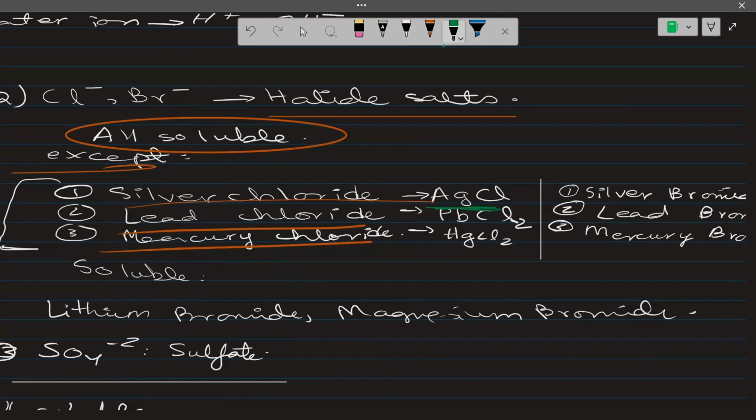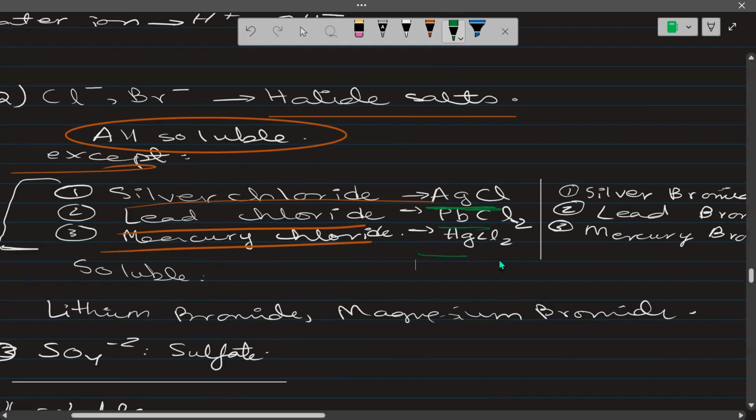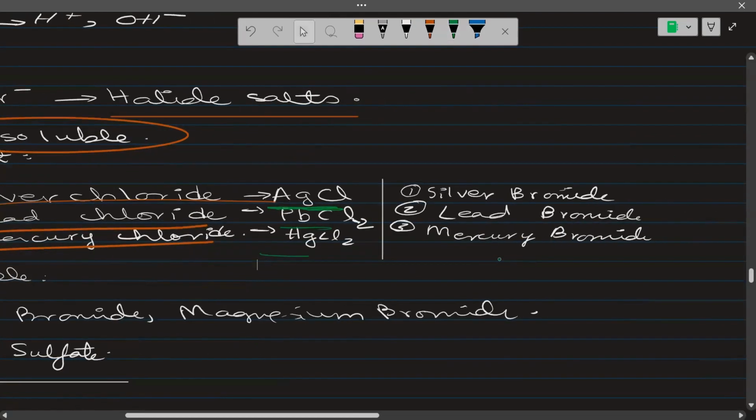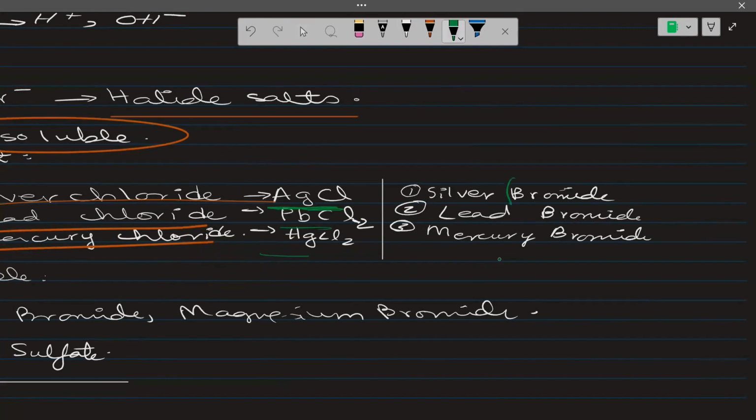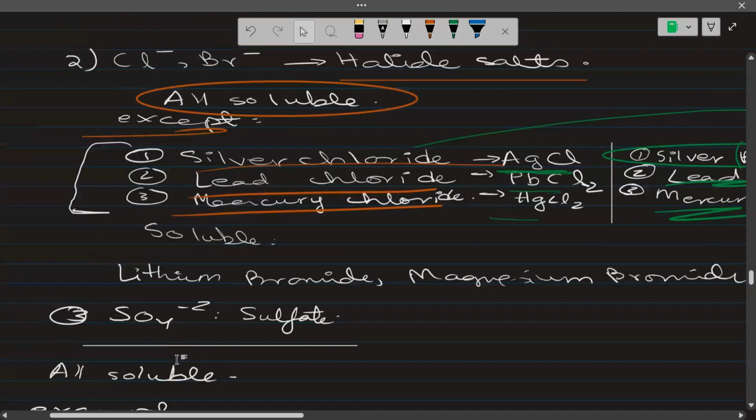If we come to the bromides, they are basically the same, but here it's silver bromide, lead bromide, and mercury bromide, where before it was chloride. It's easy to learn, and you have to learn this because it's very important.